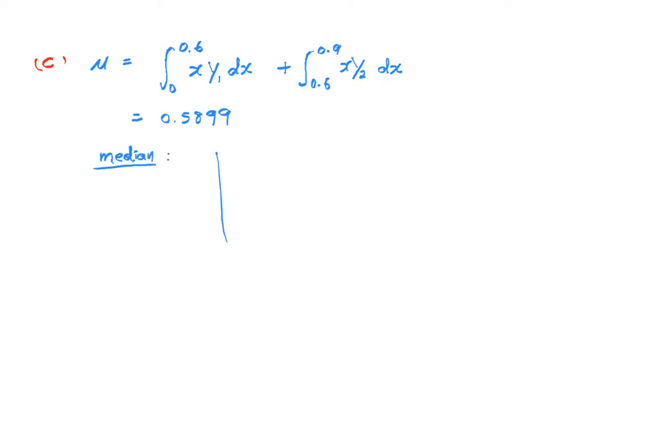Since we got two functions, correct? I have to check what is the probability for this area first. I check first the integral from 0 to 0.6 of y1 dx. You want to check the other way around also can, it's up to you. Can you tell me what is the answer? 0.5.